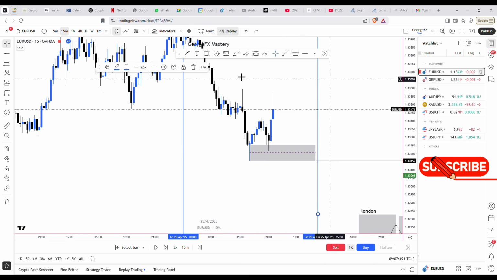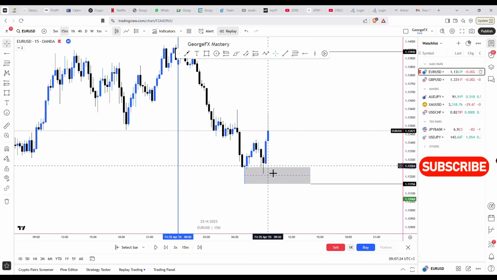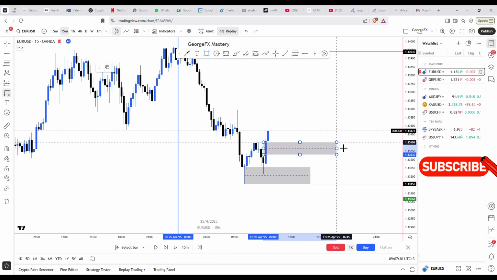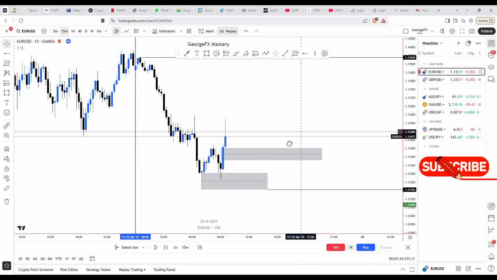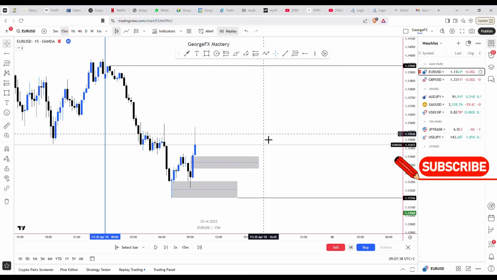So the next thing you will be doing is marking a fair value gap inside of the range, and the closest fair value gap we have here is this particular one. From this fair value gap, we'll be expecting to take buy orders. By the way, I took this buy order, this limit order, and I also shared it with my community.